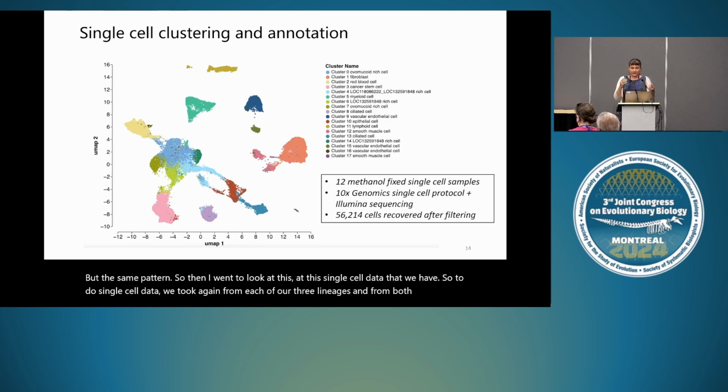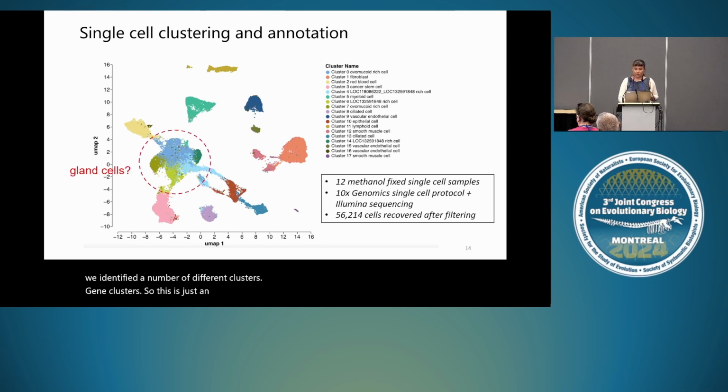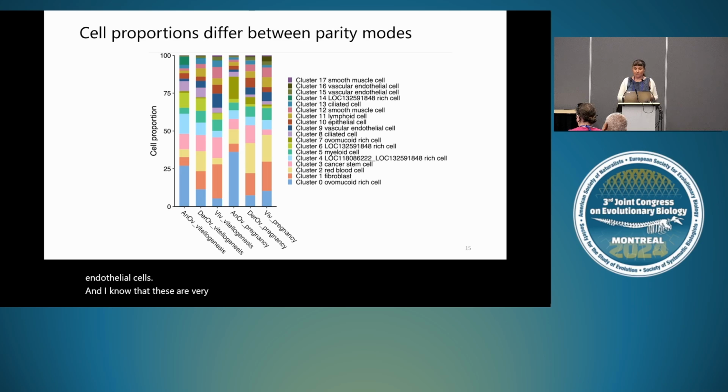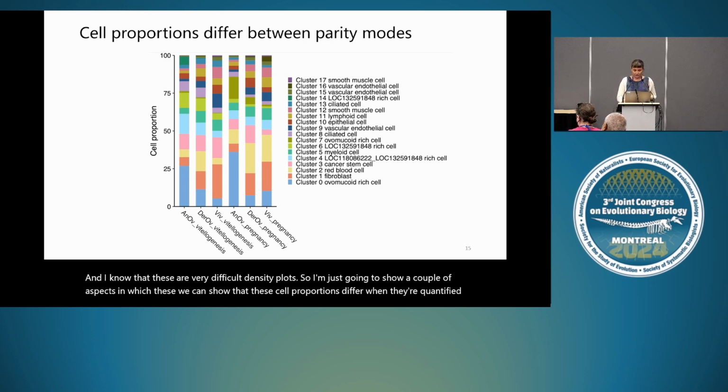And we identified a number of different clusters, gene clusters. So this is just an overview to show you. But we identified a set of cells that represent gland cells. And we identified a set of cells that represent vascular endothelial cells. And I know that these are very difficult small density plots, so I'm just going to show a couple of aspects in which we can show that these cell proportions differ when they're quantified between the two parity modes.